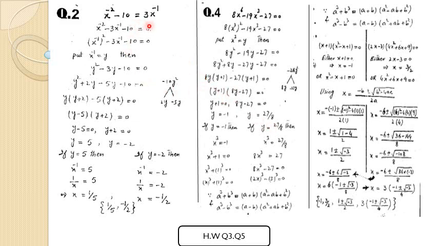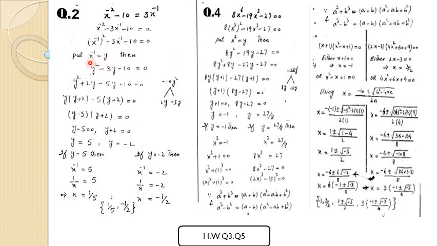Now question number 2 is the same as type 1. So x raised to the power minus 2, I'm just shifting from this term to there, minus 3 x raised to the power minus 1 minus 10 is equal to 0. You can see that x raised to the power minus 1 is the same.